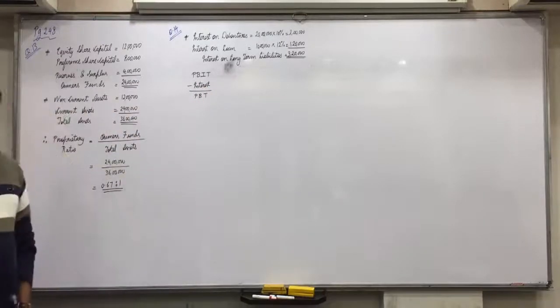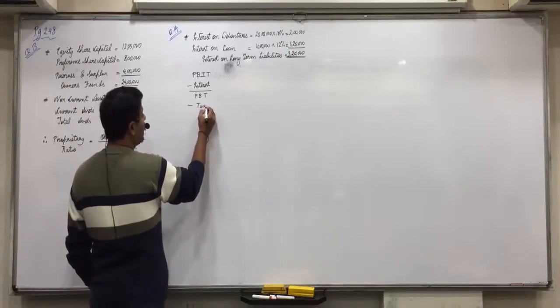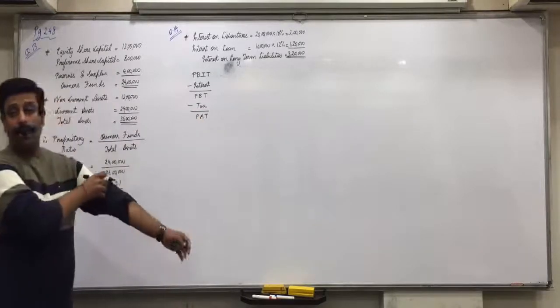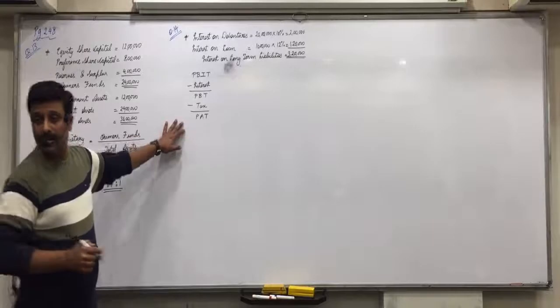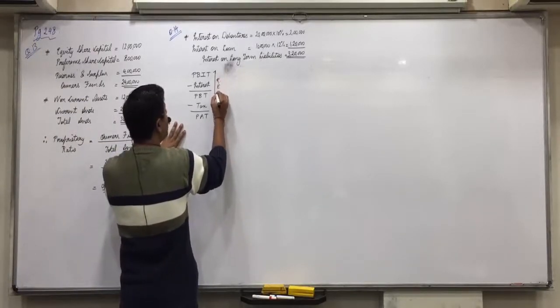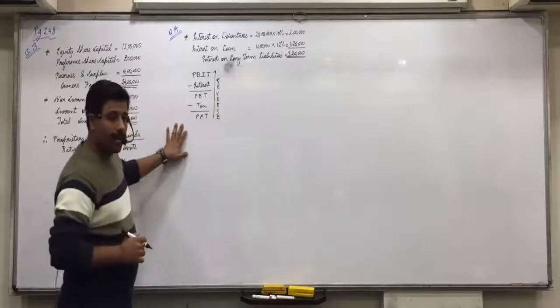From that, if you minus interest, you get profit before tax. From that, you minus tax and you get profit after tax. Now here you are given profit after tax. So we will have to go reverse to find earnings before interest and tax.